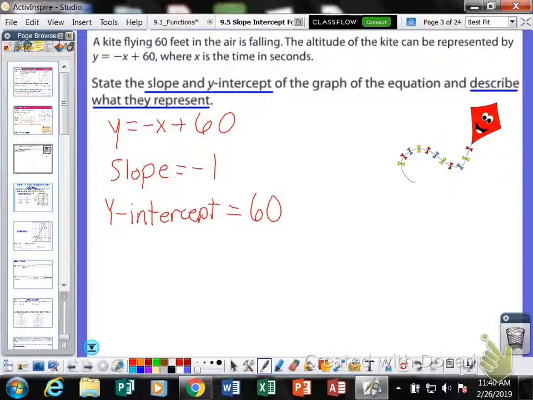So my slope represents the feet per second that the kite is falling.